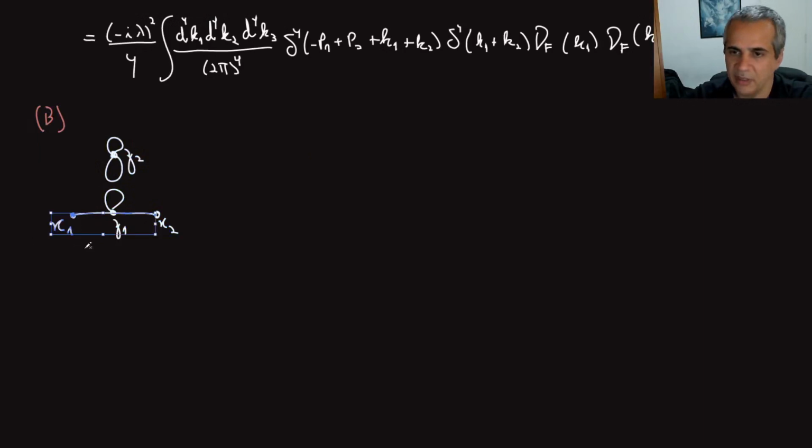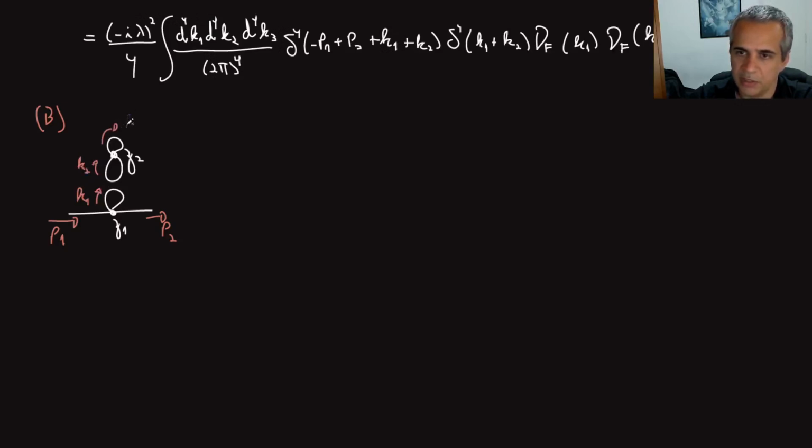So I'm thinking of the following case. So P1, P2, same thing, right? And I'll just name momenta. In this case, I'll call this guy K1. This one will be K2.